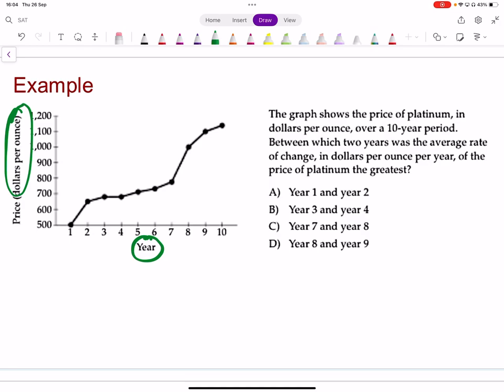So wherever the gradient is the highest, right? This looks like the highest gradient. You can compare that with this as well, but the first one is much steeper, right? 7 to 8. And that's C. Okay? No problems?